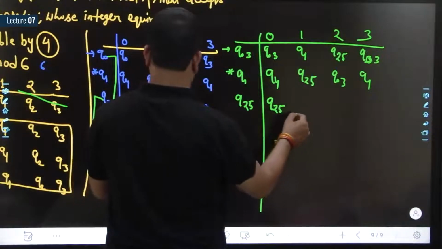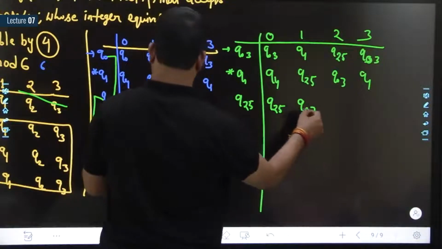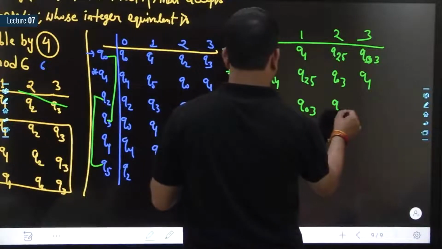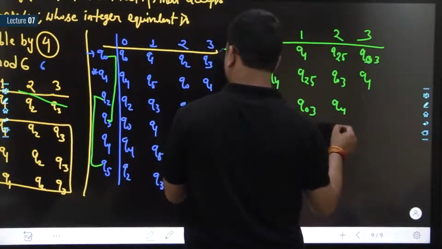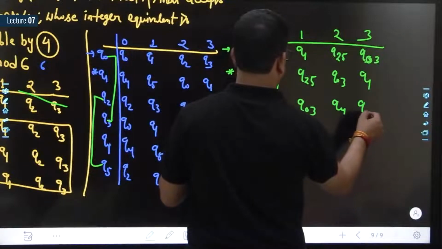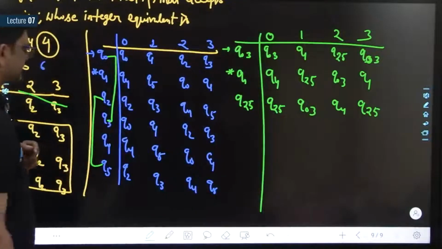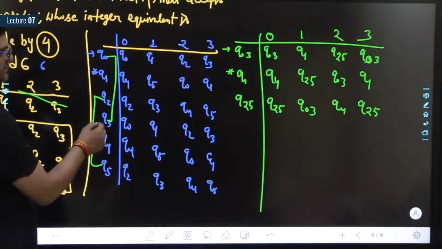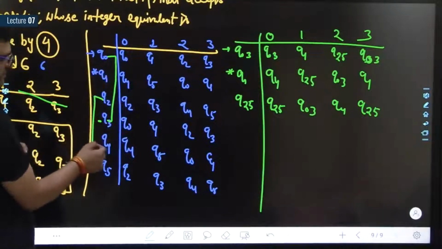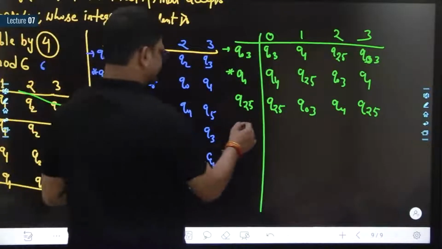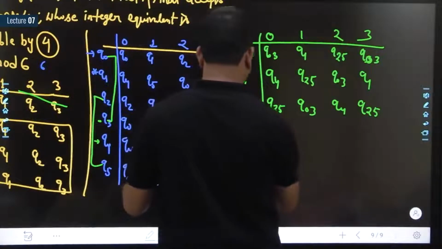Q25, Q03, Q4, Q25. Next state, this is merged with Q4.